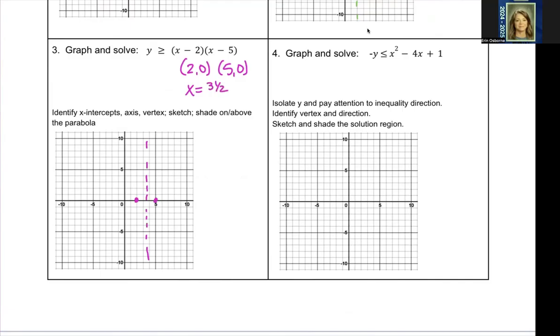And if we want to find how high our vertex is, it's kind of hard to do with a halfway number to use that 1, 1 and 2, 4 pattern. So my preference would be to just plug in 3.5 to the original expression. You ignore y for a second. 3.5 minus 2 is 1.5, and the other one is -1.5.